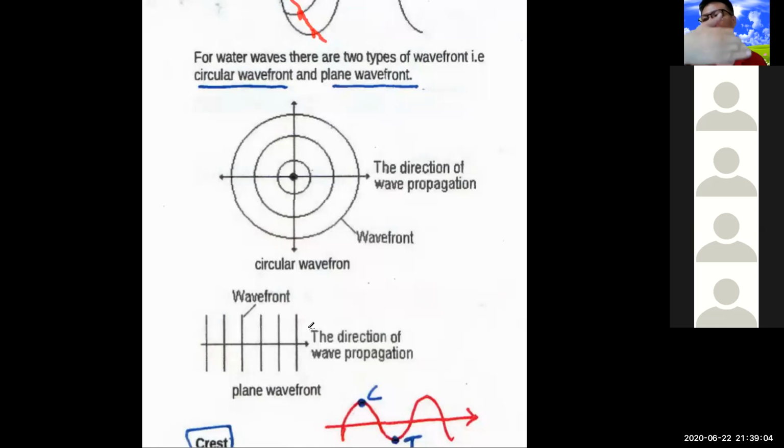Keep disturbing the water, and then you can have this plane wavefront come up. Okay, so remember now, to produce circular shape, you dip the water. To produce a plane wavefront, you disturb the water using a horizontal wooden bar. Use a piece of wood horizontally, you touch the water up and down, up and down. Then you can have this already.